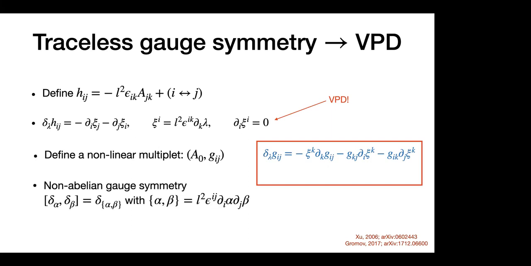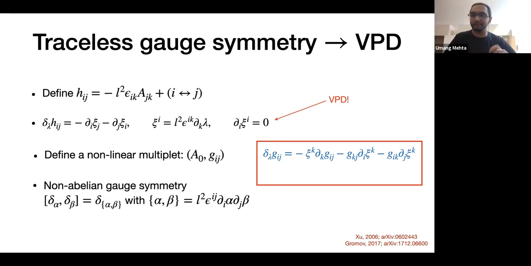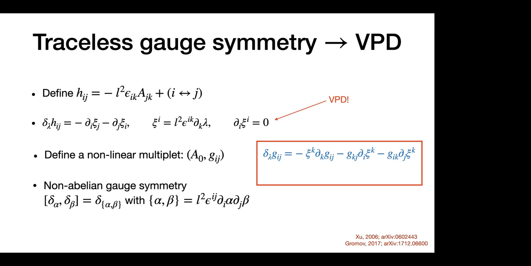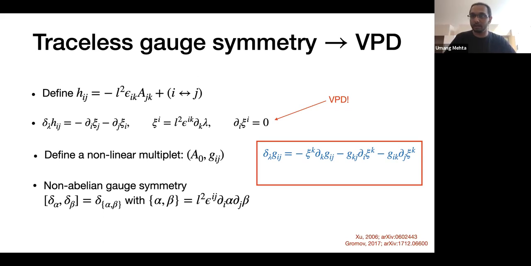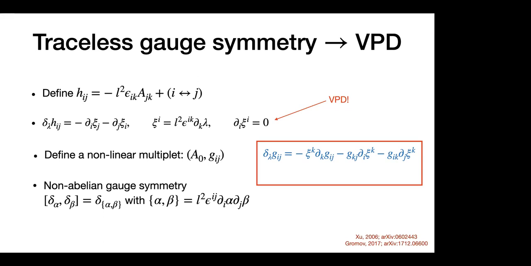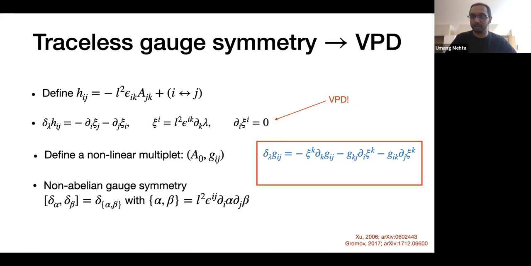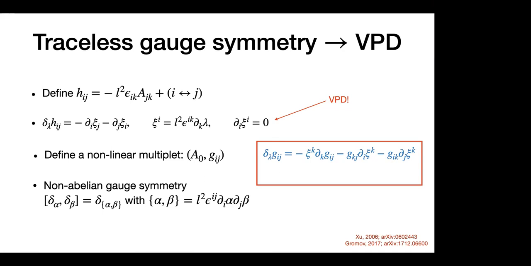Are you doing the gauge transformation or are you doing the coordinate transformation? I'm saying that the gauge transformation for A looks like a coordinate transformation for this field Hij that I've just defined. But do you also shift the coordinate x or not? Yes, we do. Then it's not a gauge transformation if you shift x. When you perform a coordinate transformation on the gauge field, you have two effects.